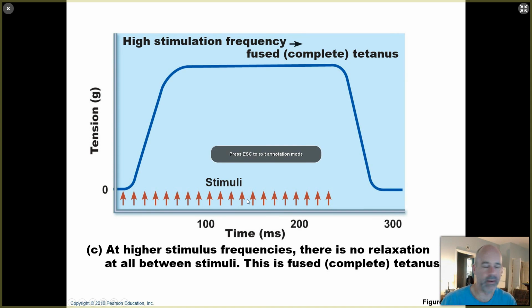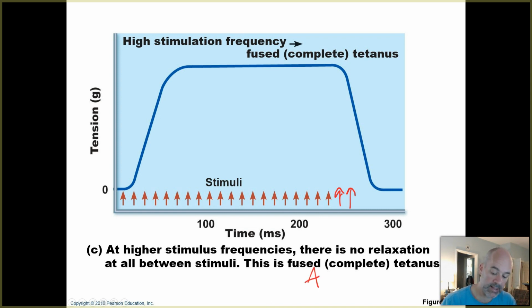Okay, I erased all my scribble scratch on there. Now what about a fatigued muscle though? What would happen? So let's say the motor neuron keeps stimulating, but eventually you're going to run out of the energy supply that you need. You're going to deplete your ATP. Remember, you need ATP for muscle contraction. We're going to hear a little bit more about this later.